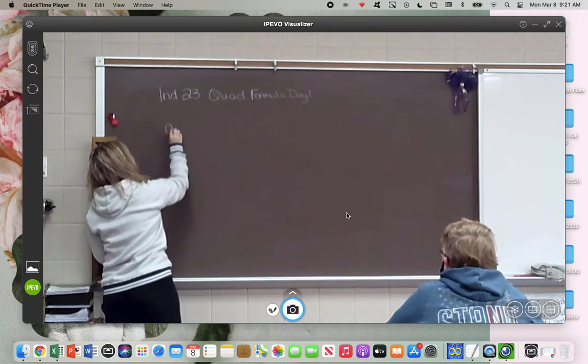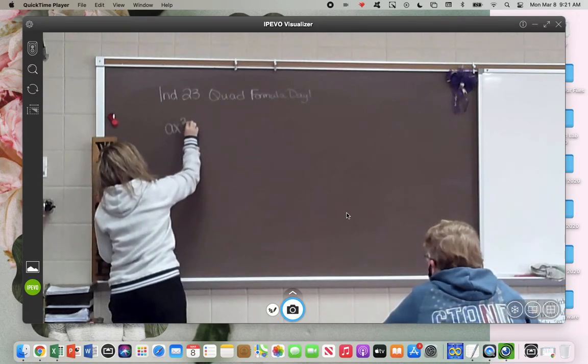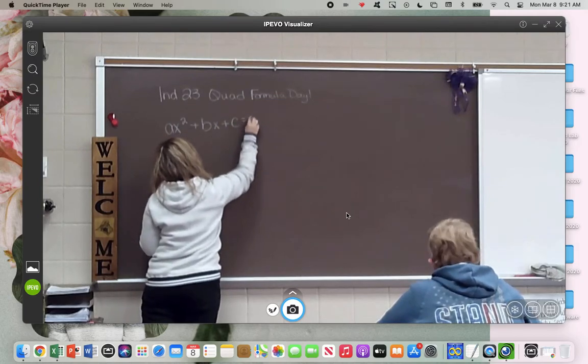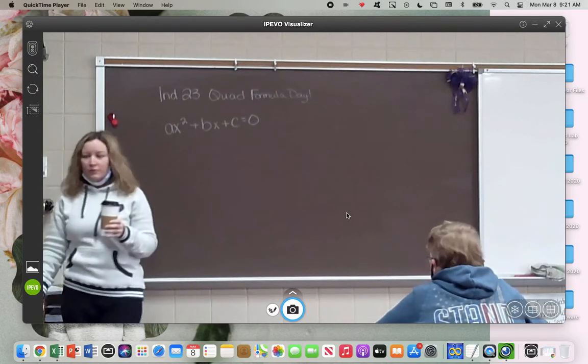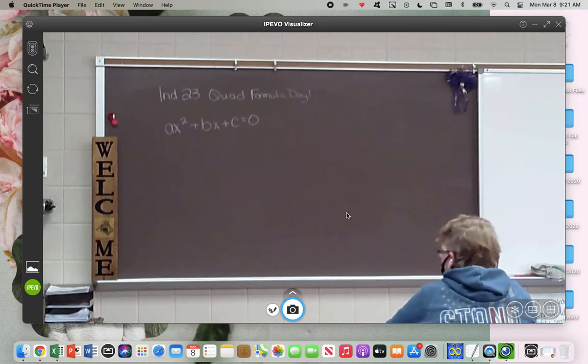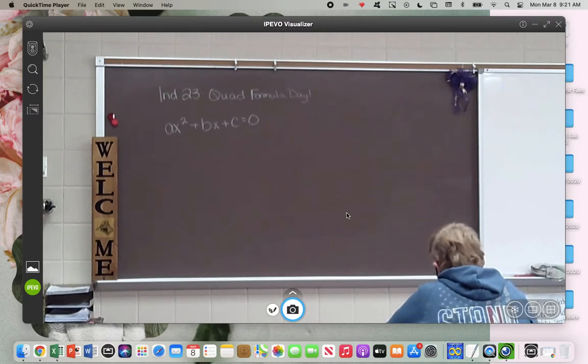Alright, the standard form of an equation looks like this. A quadratic equation is any equation that has an x squared, and they graph as a parabola, which we will find out in a week or so when we start graphing.